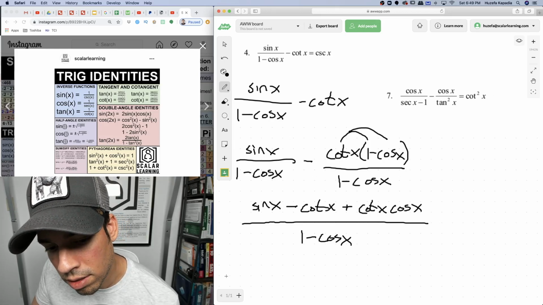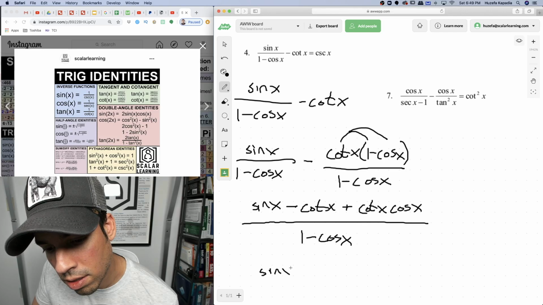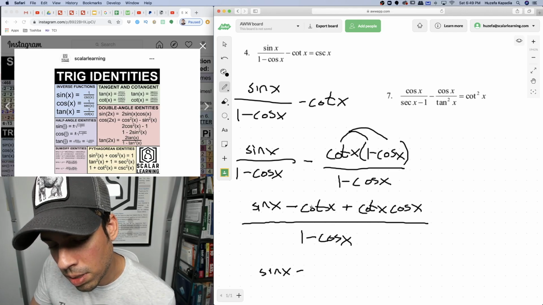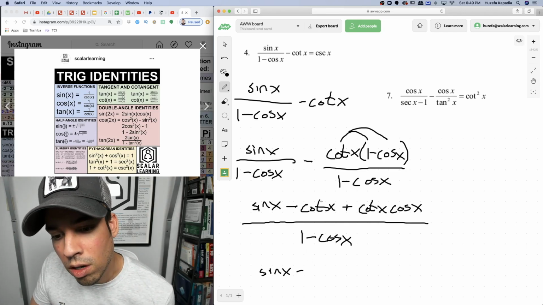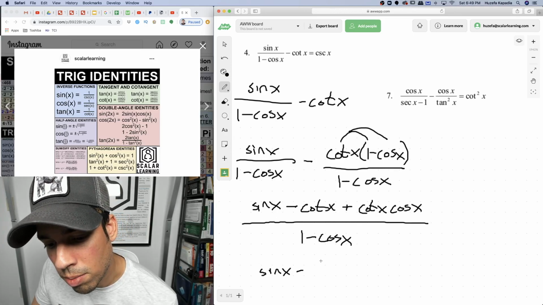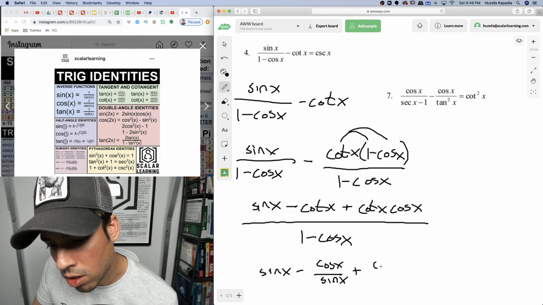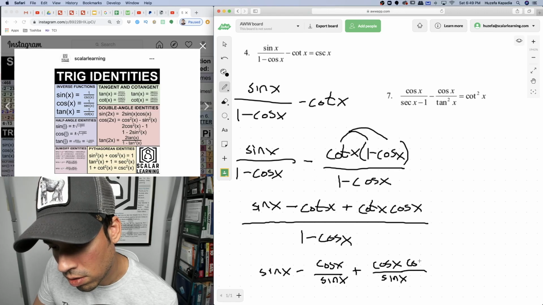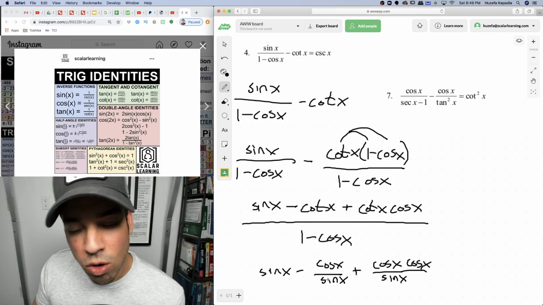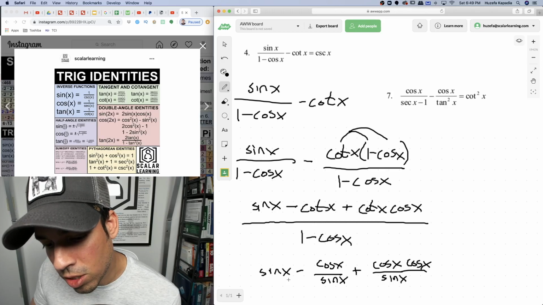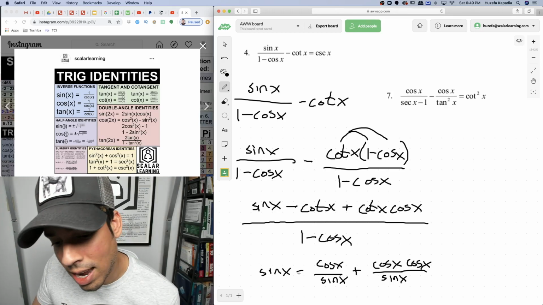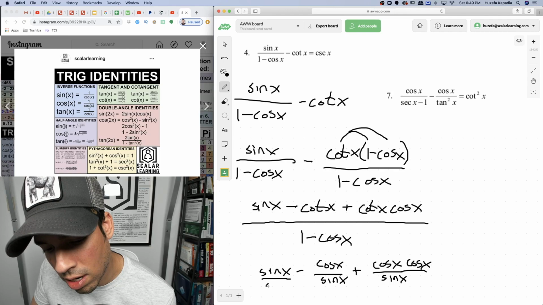We're going to say sine of x minus, and I'm going to replace this with cosine and sine as well, minus cosine of x over sine of x plus cosine of x over sine of x times a second cosine of x. Now I almost see everything having the same denominator. Don't I want everything to have the same denominator? Yeah, then I can add everything together. So let's throw this over a sine of x as well.